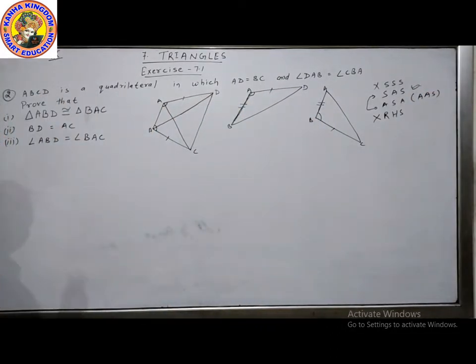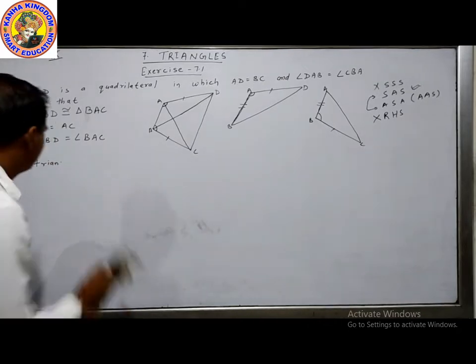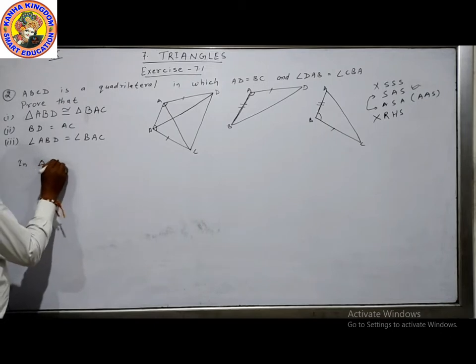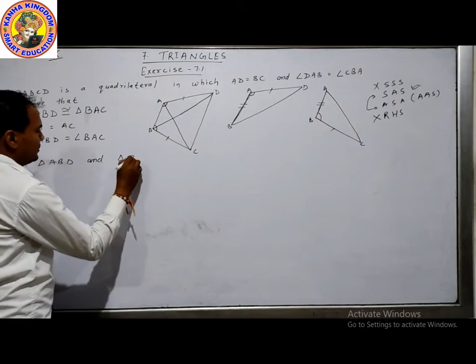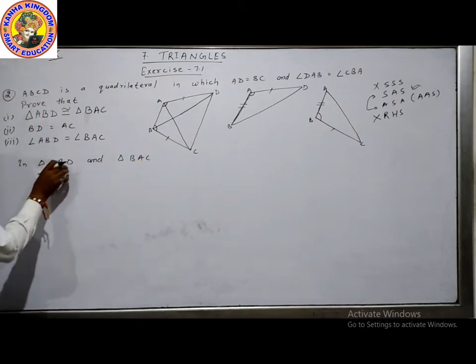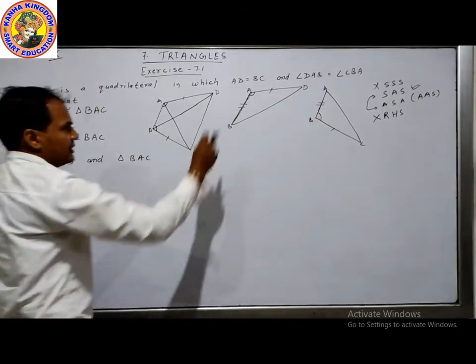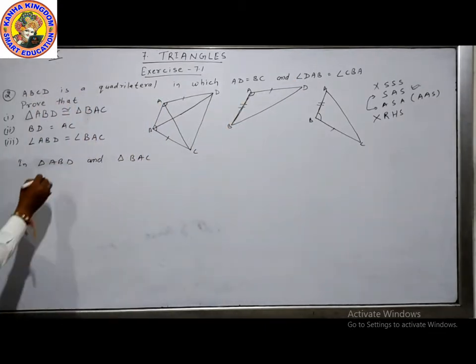Now we prove this. In triangle ABD and triangle BAC, first of all AD and BC are equal.